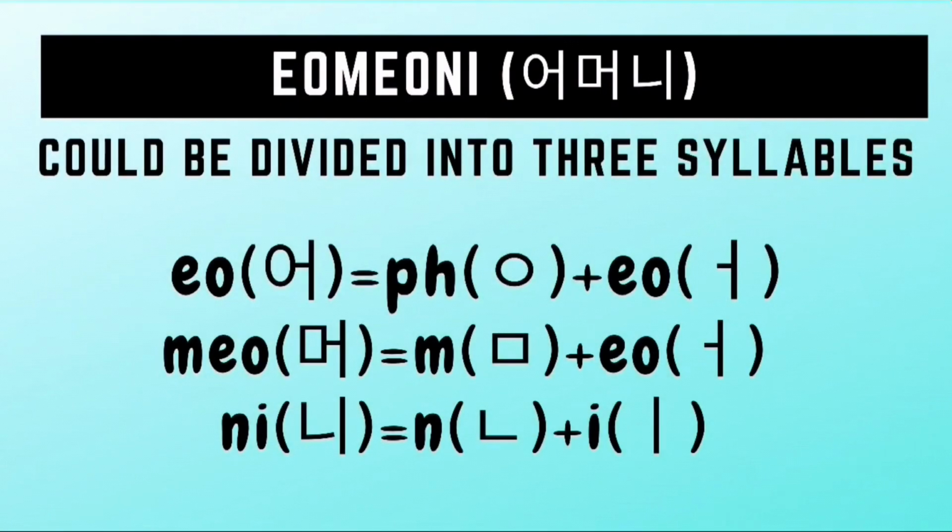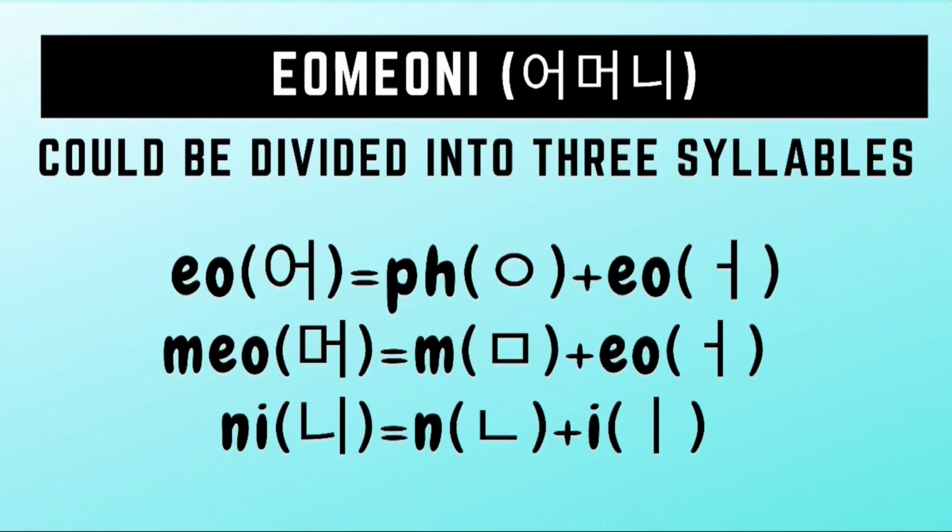Now, how do we write omoni in Hangul? The word omoni is composed of 3 syllables, and let's go through each of the syllables. For the first syllable o, we need to draw first a no sound iyang followed by an o character. Next, for the second syllable mo, we need to draw first a myeom character followed by an o character.